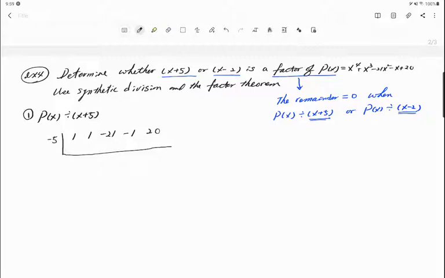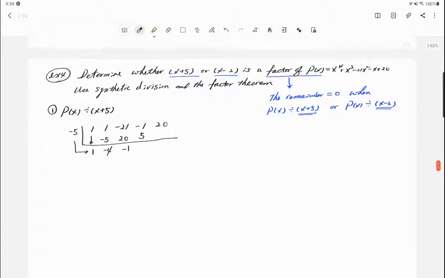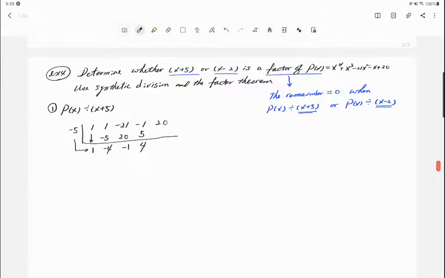Bring 1 down and then multiply, add, multiply, add, multiply, negative 20. Look at this, the remainder is now 0.